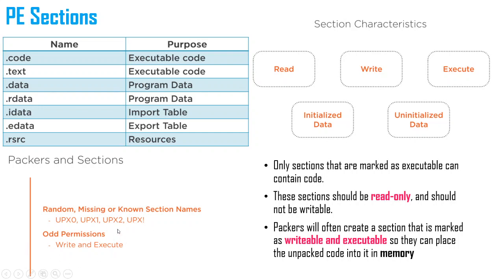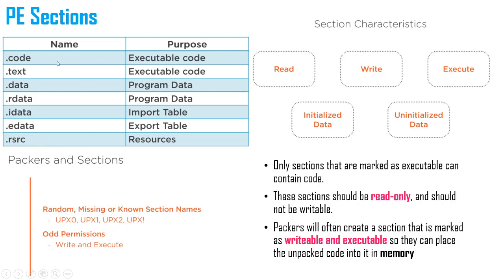As I said earlier, if the executable code is marked as write and execute, then it is called an odd permission. You have to make a note in this slide that we have different sections in the PE header: .code, .text, .data, .rdata, .idata, .edata and .rsrc.